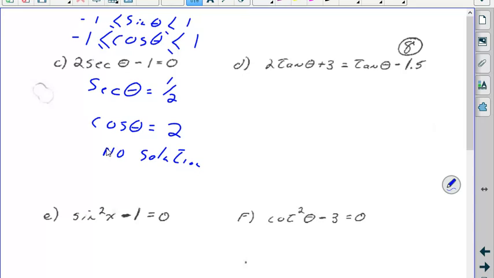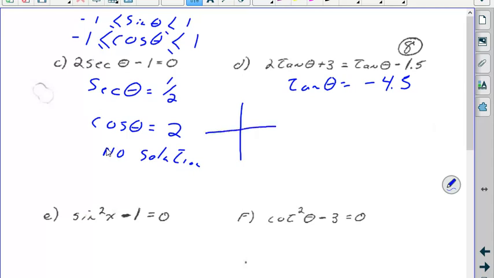I'm going to subtract tangent from both sides, and I'm going to subtract 3 from both sides. I'm just basically treating this tangent theta as a variable, moving it to the other side. Now this is exactly what we had on the last question.